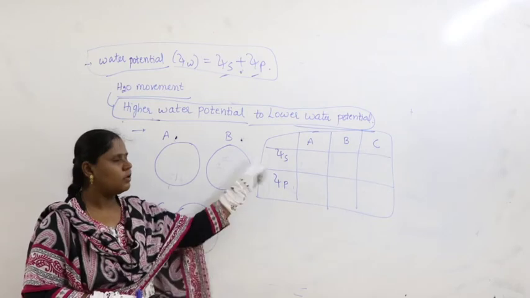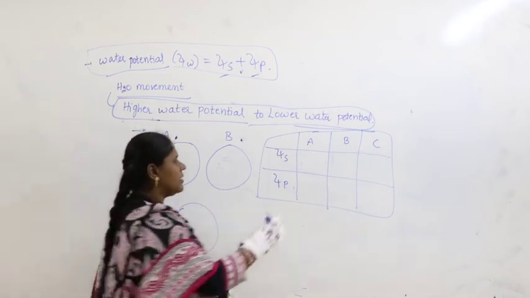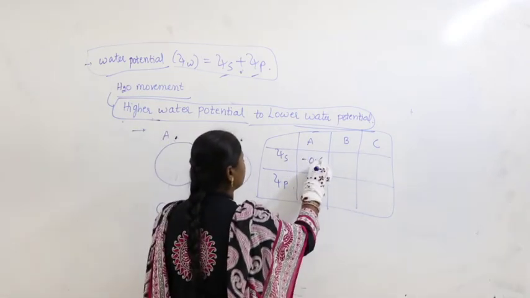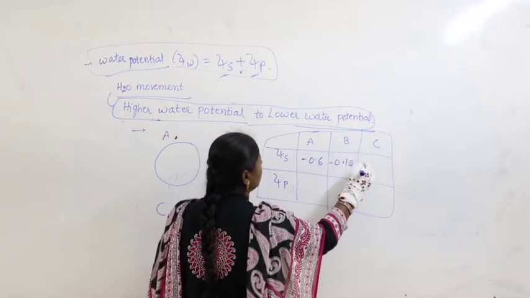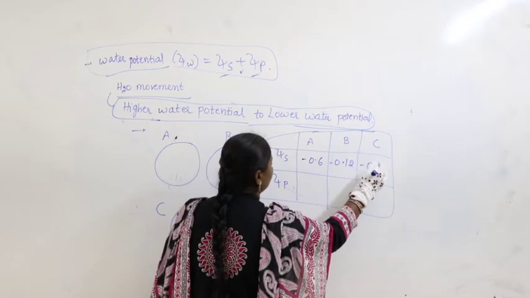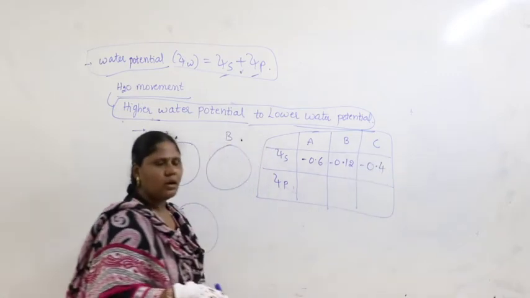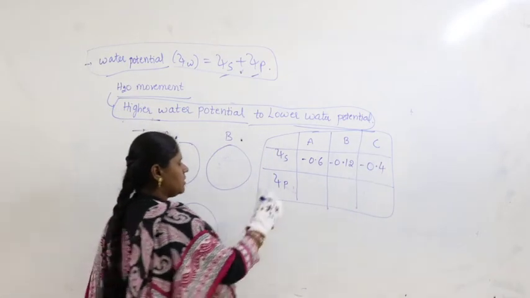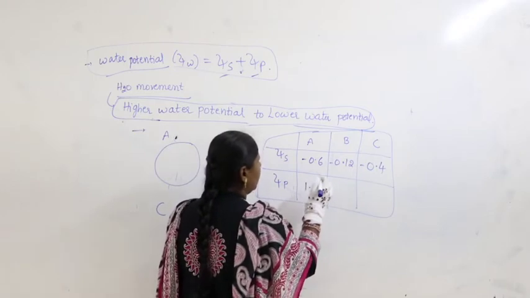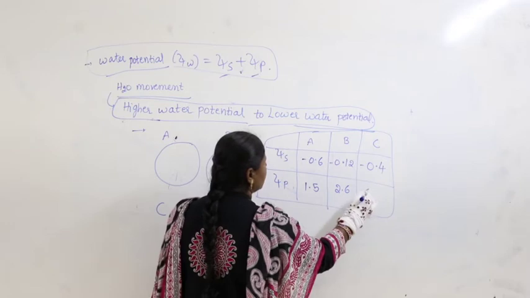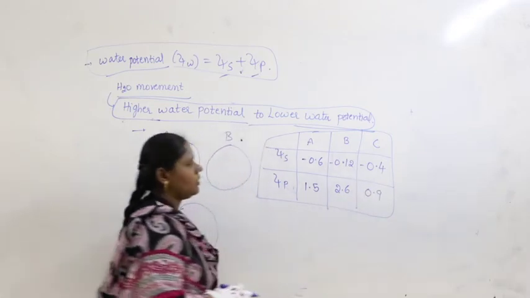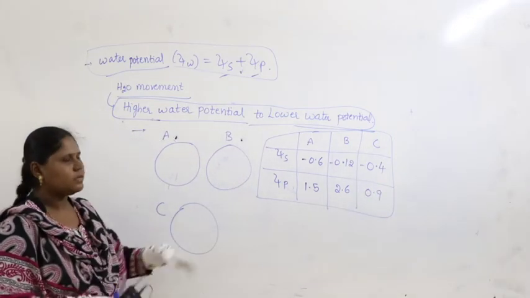For example, solute potential of A is given as minus 0.6, B is given as minus 0.12, and C is given as minus 0.4. Pressure potential values are given as 1.5, or maybe 2.6, or maybe you can take 0.9. So, these are the values given.